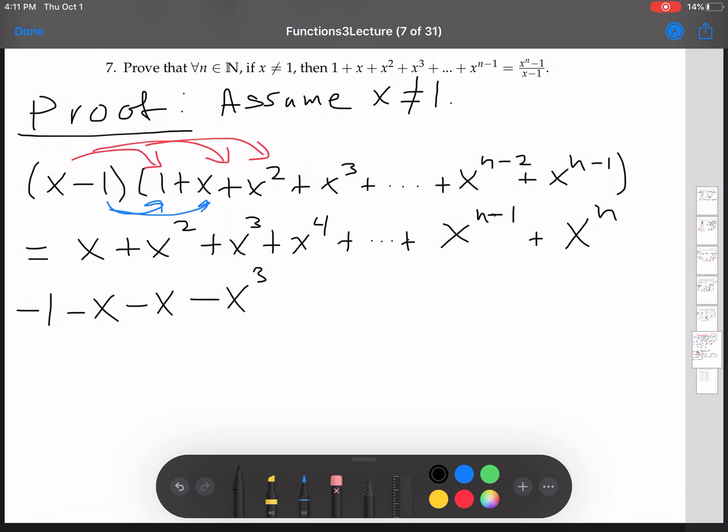Notice there's an x to the 4th right there, the thing that came after x cubed, so we'd have minus x to the 4th, and so on, minus x to the n minus 2 minus x to the n minus 1.